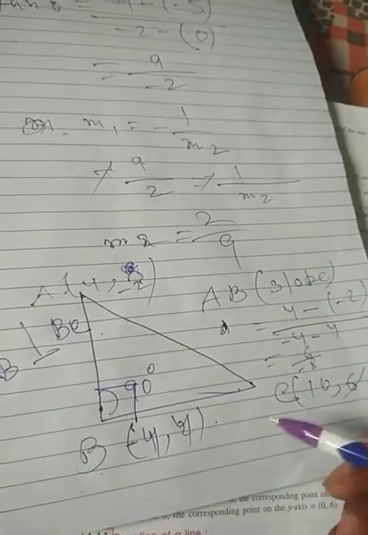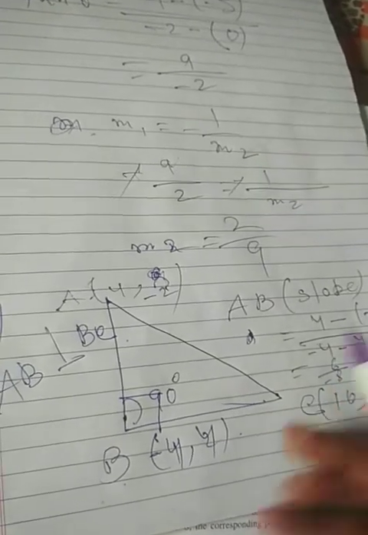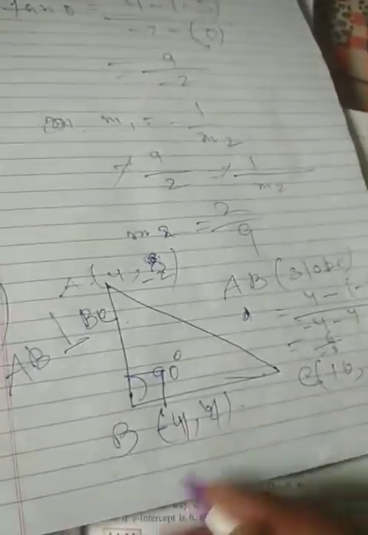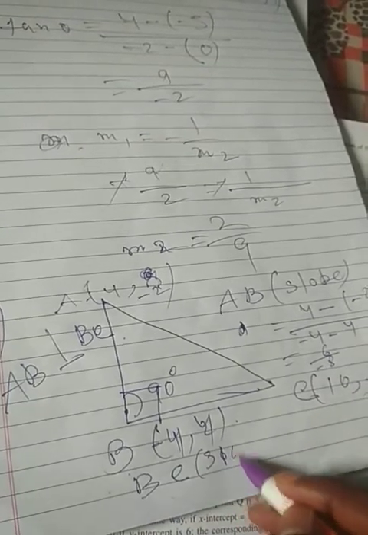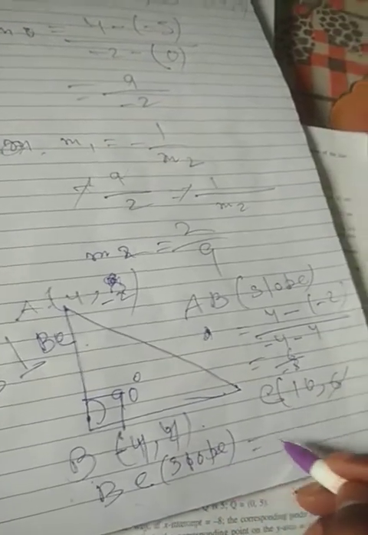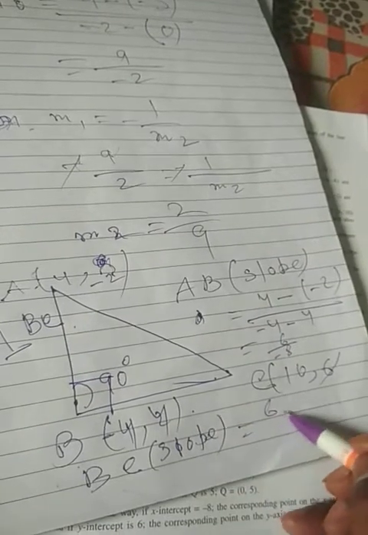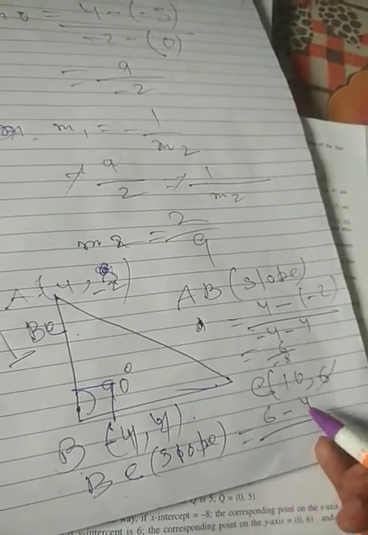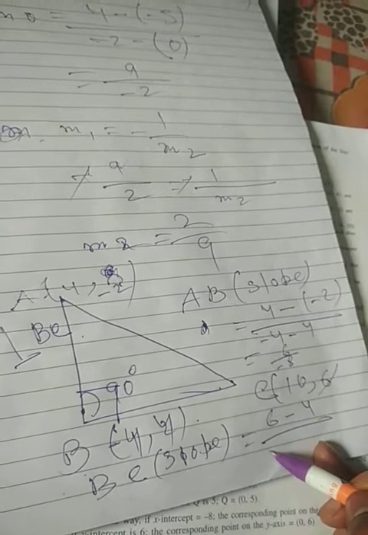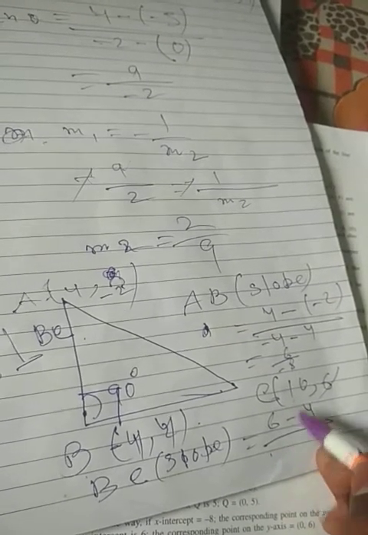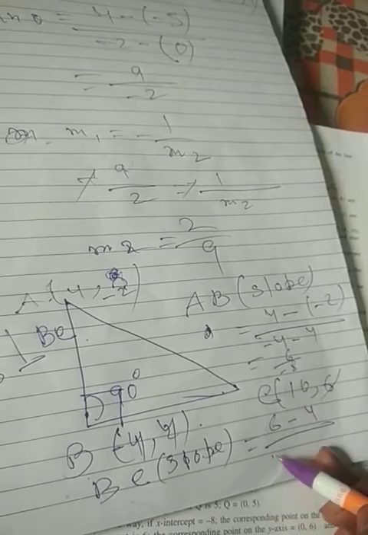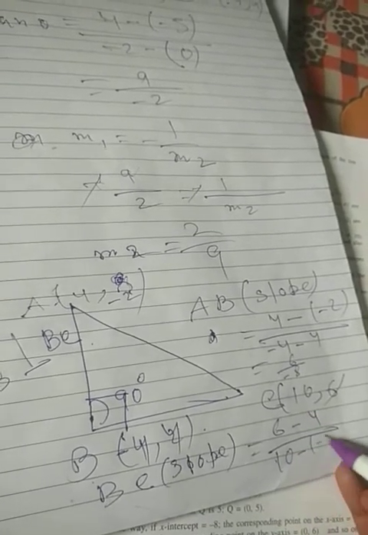So what will be the slope of the next perpendicular line? Okay, next I am solving the slope of BC. y2 minus y1, that means 6 minus 4, by 10 minus 4.